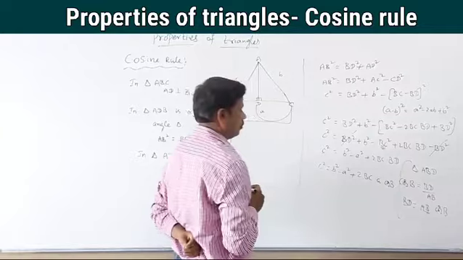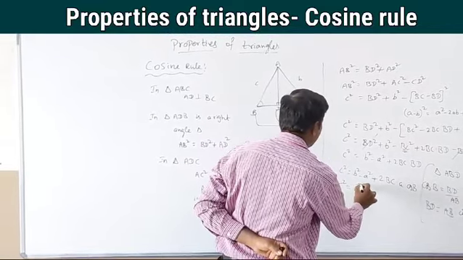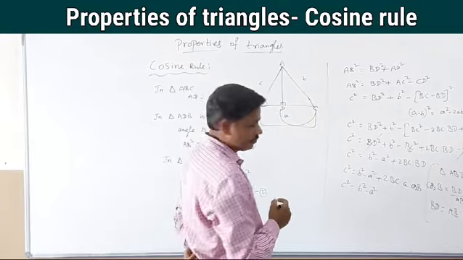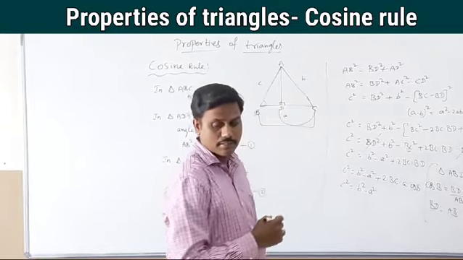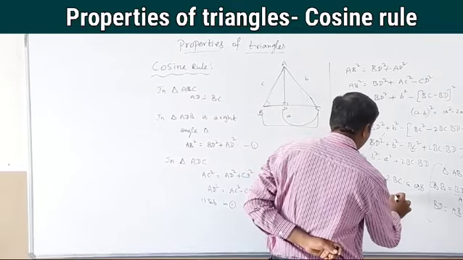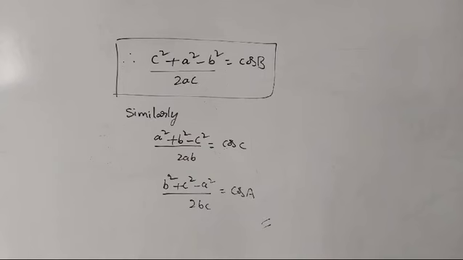So c square plus b square minus a square, plus 2a into BD. Yes, we conclude that therefore c square plus a square minus b square by 2ac equal to cos B.